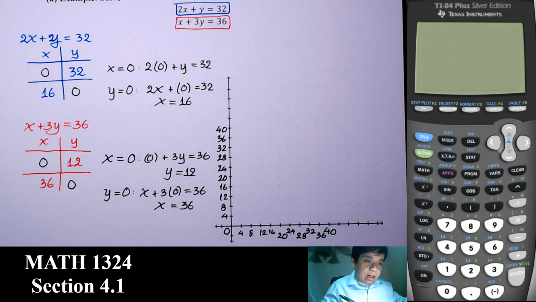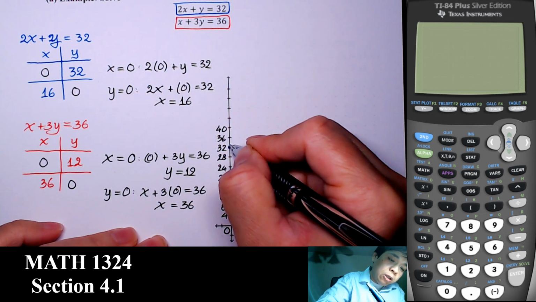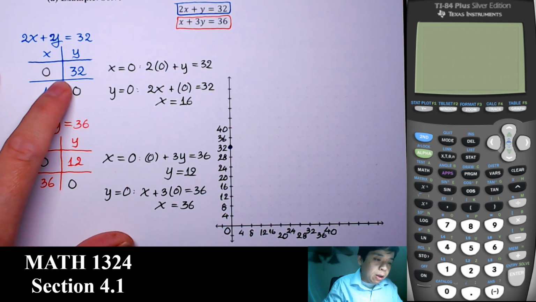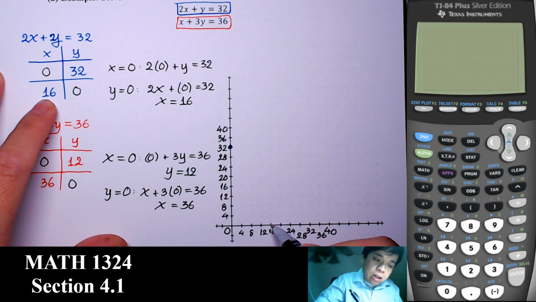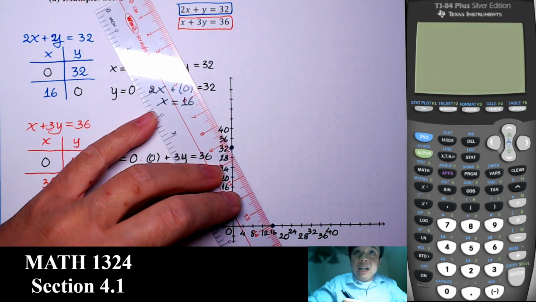Right. Now we have 0 and 32: x equal to 0, y equal to 32. And x equal to 16, y equal to 0. So we have these 2 points, and 2 points will form a line in a linear equation.